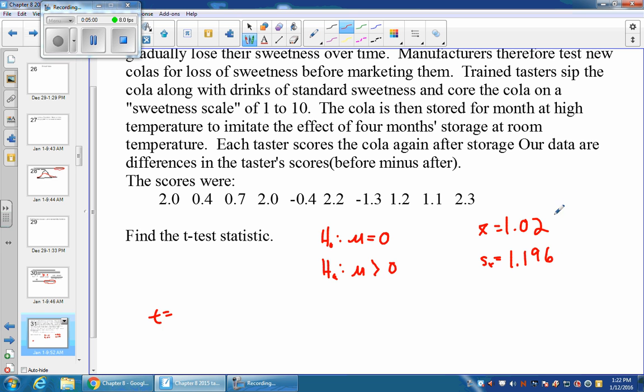So now what we do is we take our x bar, 1.02, minus a mean of 0, divided by our standard deviation, 1.196, over the square root of n, which here we have 1, 2, 3, 4, 5, 6, 7, 8, 9, and 10. So over the square root of 10.